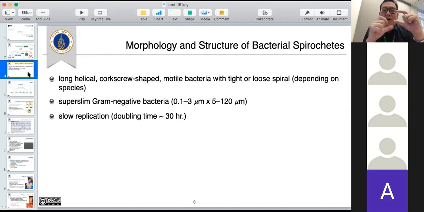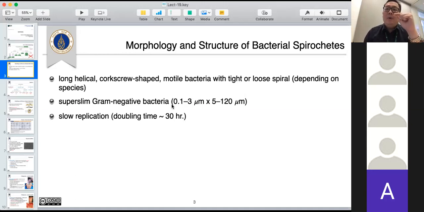For spirochetes, the diameter is super thin, generally about 0.1 micrometer to 3 micrometers. But the length is dramatically different from the diameter: 5 micrometers to 120 micrometers. That's super long, thin, and curvy.